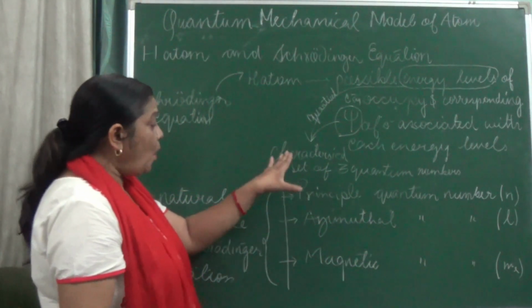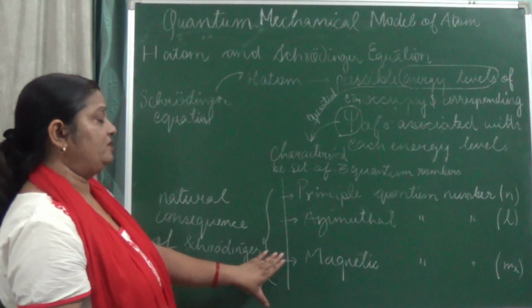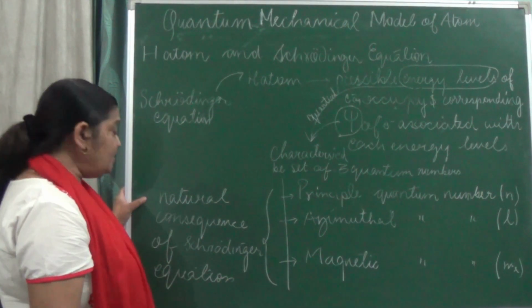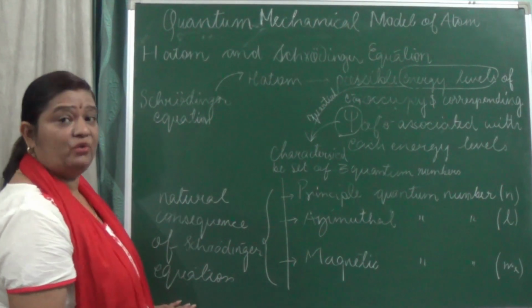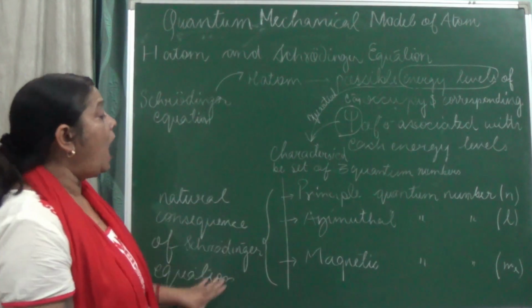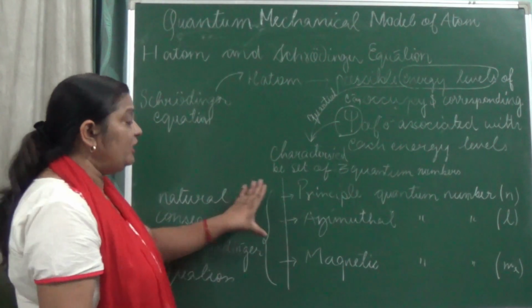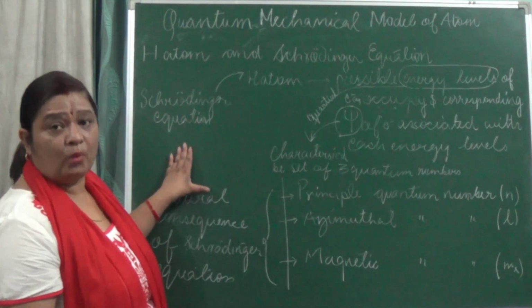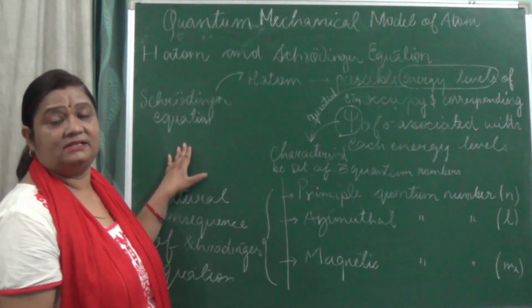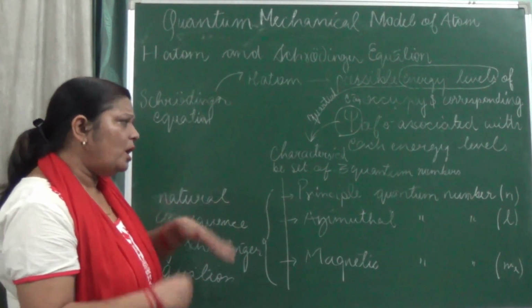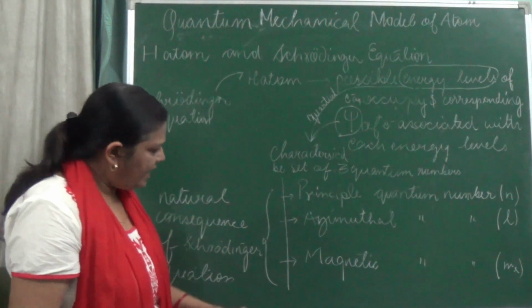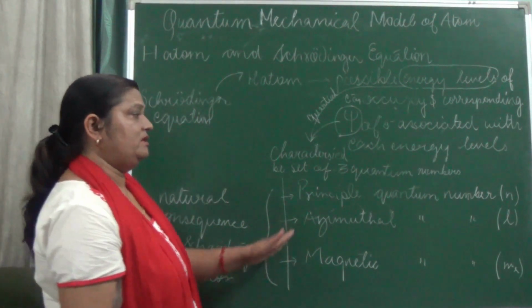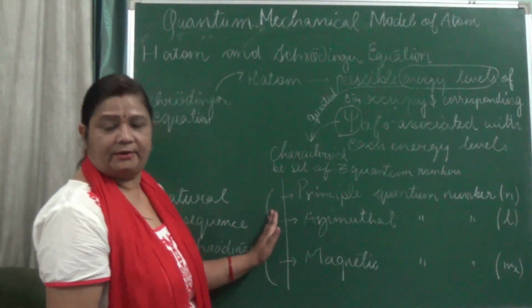These three quantum numbers are a natural consequence of the Schrödinger equation, H psi is equal to E psi. He got a number of results from it, and from that he formulated these three sets of quantum numbers.